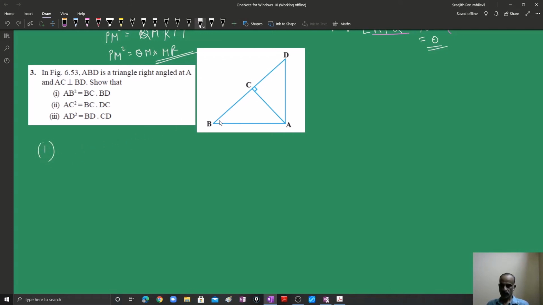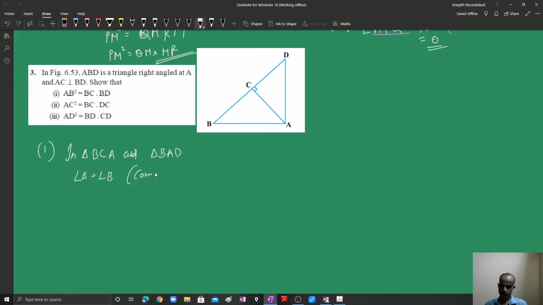Now I am asking you the question, can I have two triangles with AB as their side? Yes. In triangle BCA and triangle BAD, angle B is equal to angle B. Why?